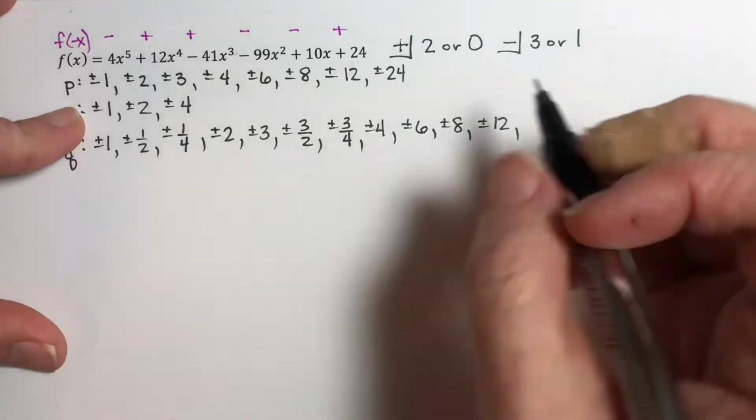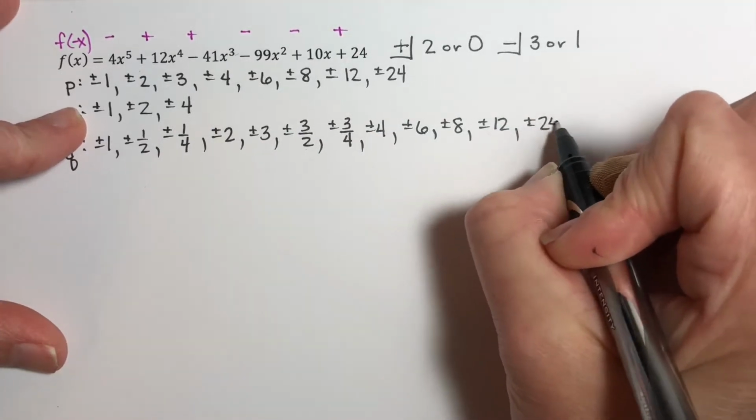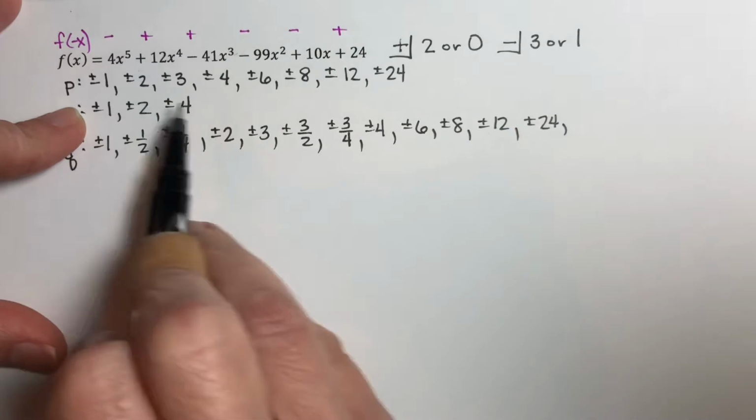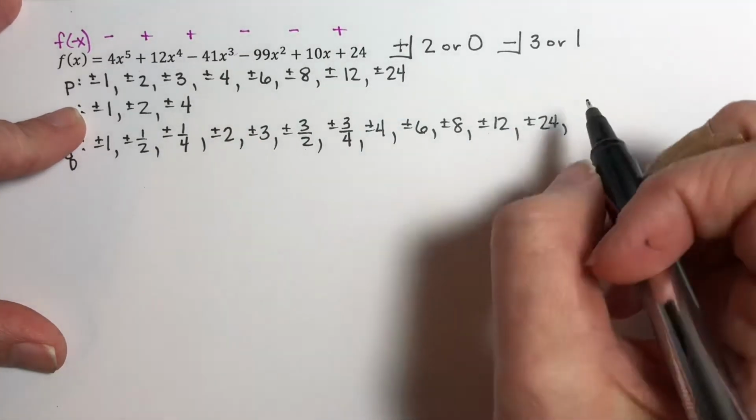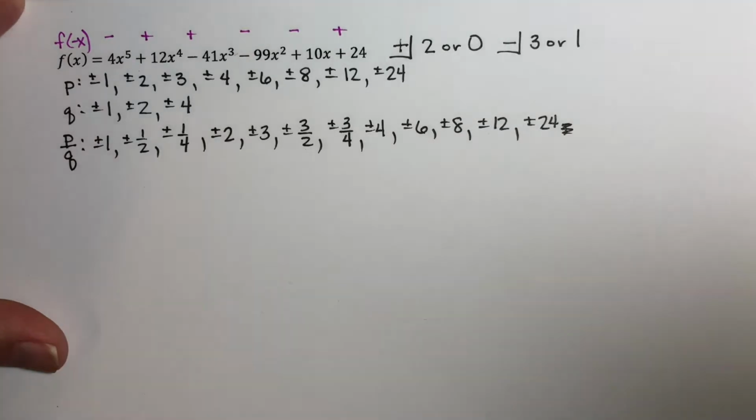And then 24 over 1. 24 over 2 is 12. 24 over 4 is 6. So that's all of our possibilities, and it is a lot, but compare this to a potential infinite number of solutions, and it's much better.